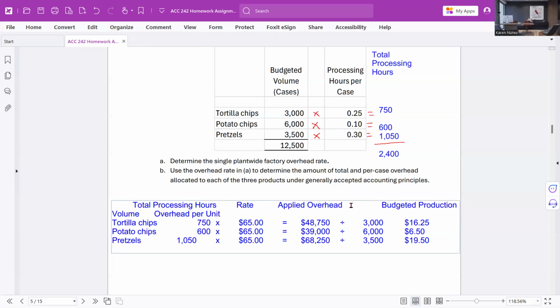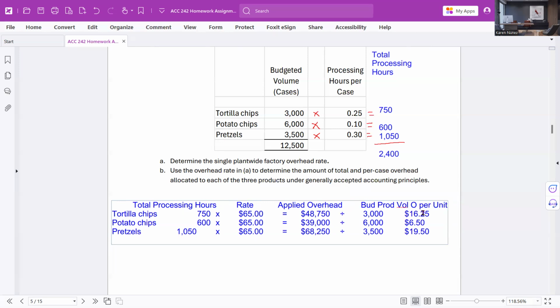Get the applied overhead, divide by the production. And I'm going to abbreviate this a little bit so that we can get everything on this table. And then we can end up with the overhead on a per unit basis, overhead per unit. There we go.